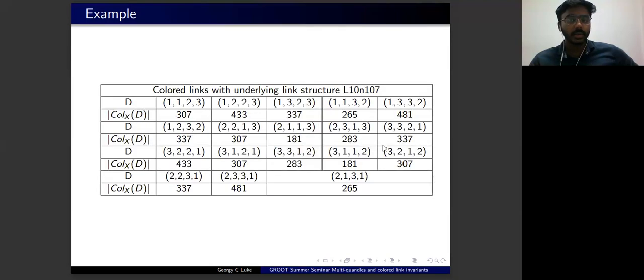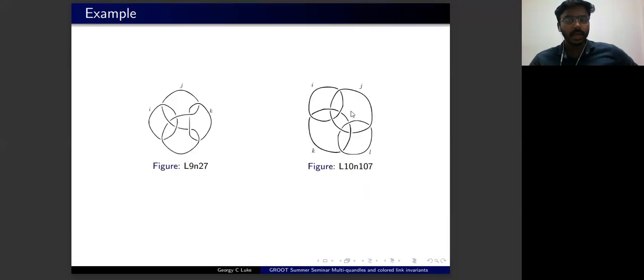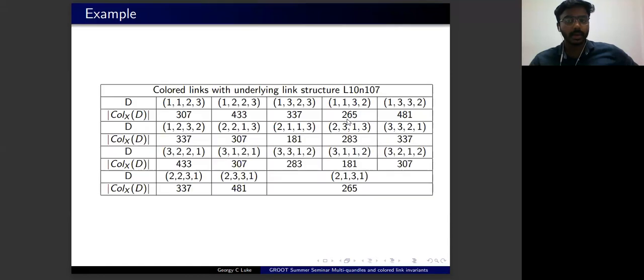This is L10N107 from the knot catalog. I have considered all the 3-colorings possible. The tuple indicates the first entry corresponds to I, and the second to J, K, L respectively.